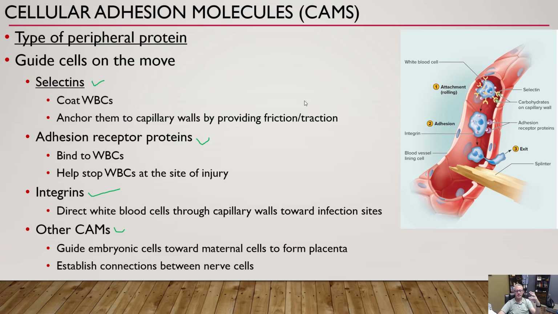Then another type of CAM called integrin contacts an adhesion receptor protein that protrudes into the capillary surface near that splinter. The integrin pushes up through the capillary cell membrane, grabs that white blood cell, and directs it between these tile-like cells of the capillary wall.